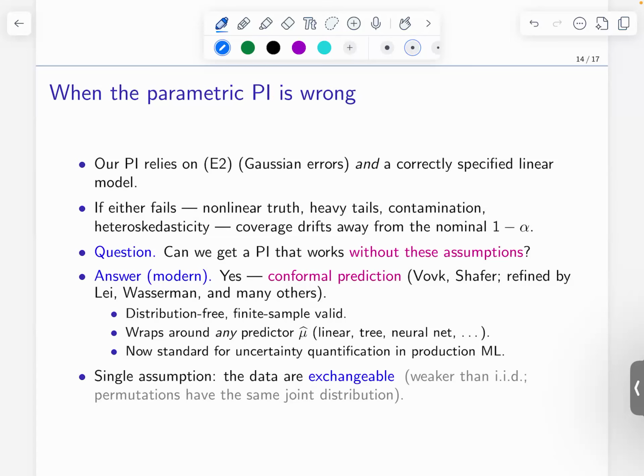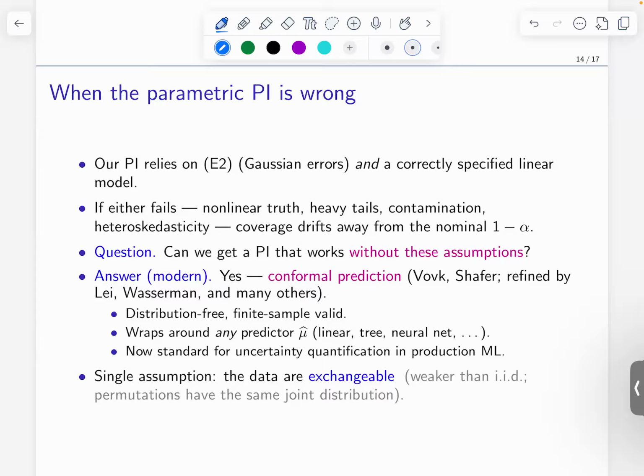How many people have heard about conformal? Okay, good. You'll learn something new in this course then. Early contributors include Larry Wasserman at CMU, and many others nowadays, like Emmanuel Candès at Stanford and their students. It has been a very hot topic in statistics.